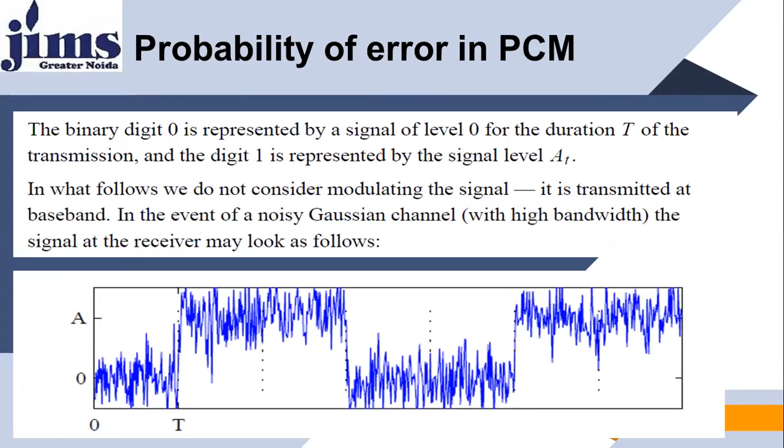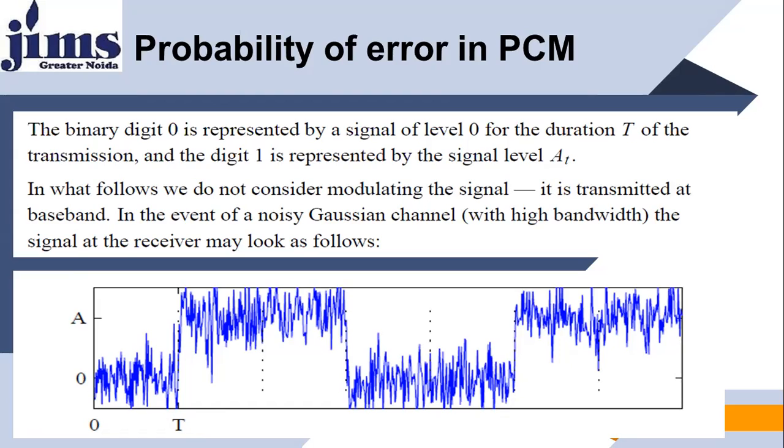But what happens when these types of pulses are transmitted from a transmitter through a channel? These 0 and 1 labels are distorted, right? Because as the signal travels through a channel, the signal is distorted.